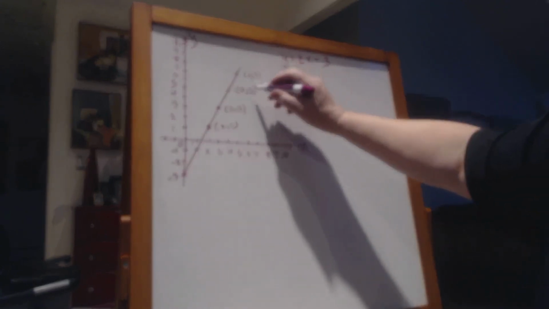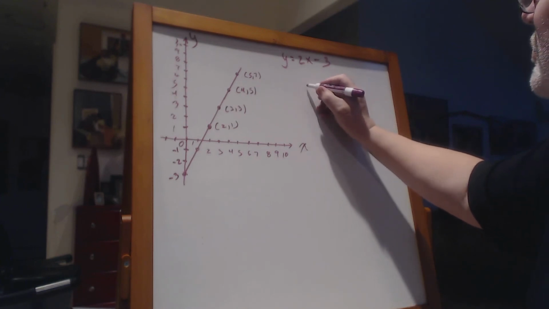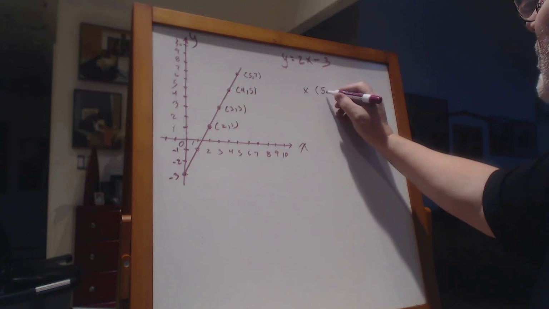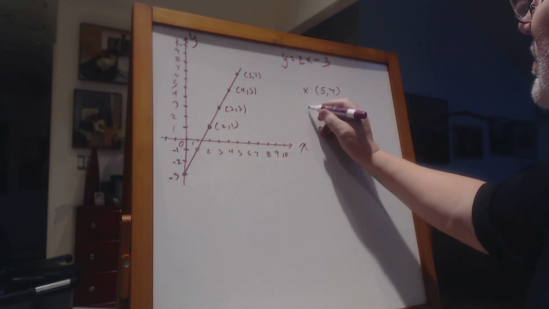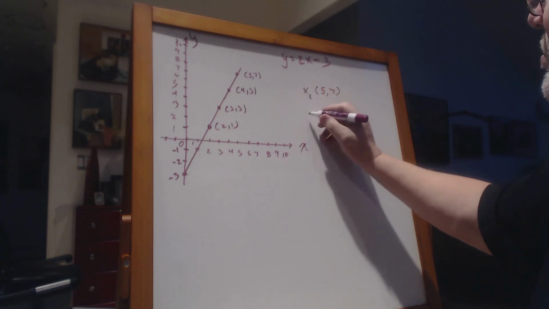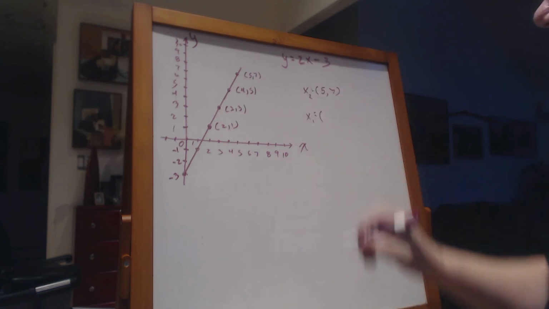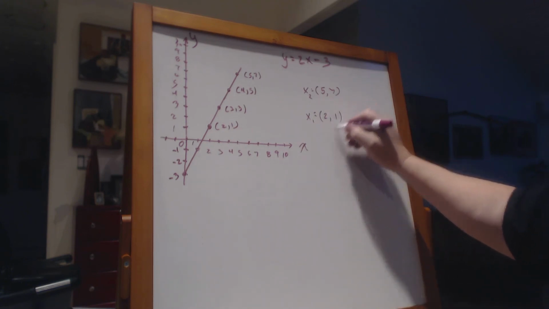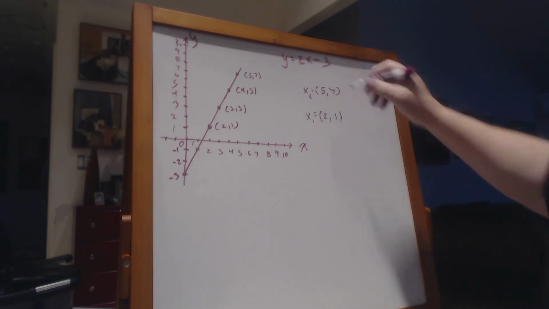So let's say x is 5 and 7, and x2 and x1 is 2 and 1. Remember, this is the x coordinate, that's the y coordinate.